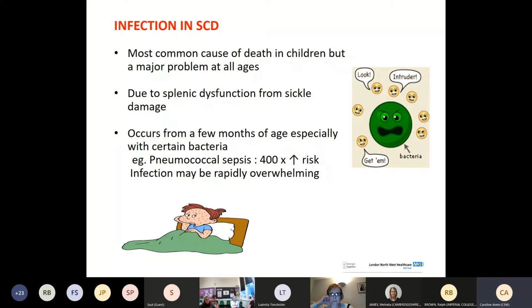Hence, people with sickle cell disease have to take penicillin twice a day or any other antibiotic. They are at high risk of pneumococcal sepsis, and so for any child with any of these symptoms, it's important that they seek medical help before the symptoms get out of control.